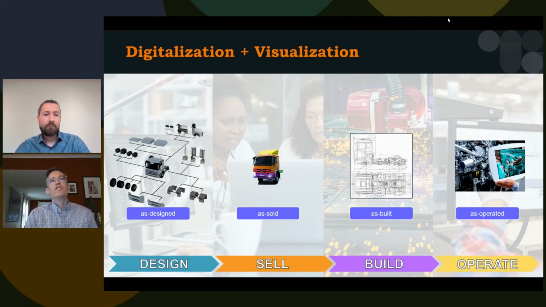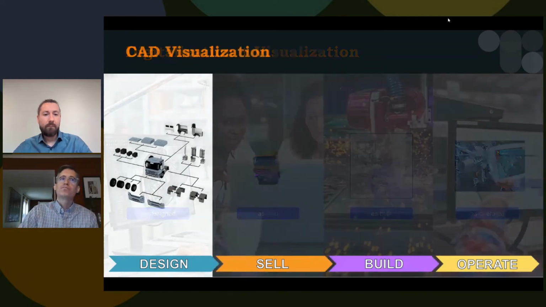If this is today the way that you think of visualization in your different phases, CAD maybe in the design process, visual tools in the sales process to help customers better understand what they are buying, shop floor drawings in the build phase, and maybe some type of maintenance visualizations for services. Think of it instead through the lens of a digital twin and what might be possible in the future, right?